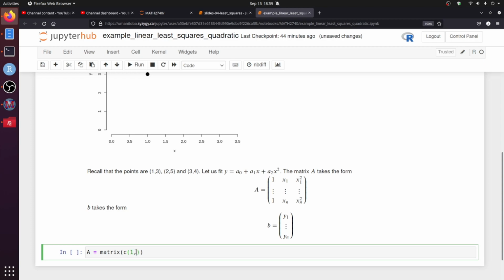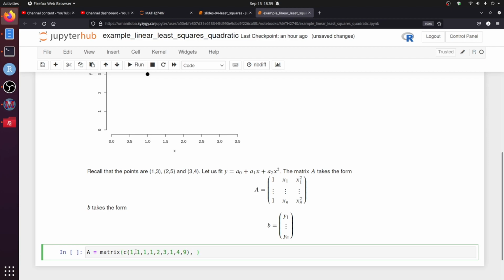So my first column is 1, 1, 1. My second column is x1 to xn. So the first value of x is 1, the second value of x is 2, and the third value of x is 3. The third column is x1 to xn squared. So the first is 1 squared, 2 squared, 3 squared.